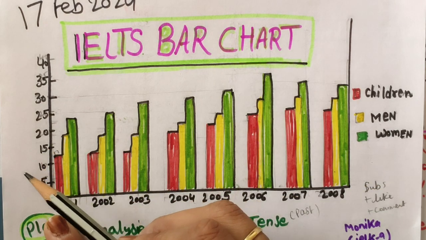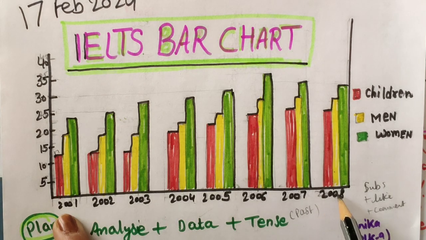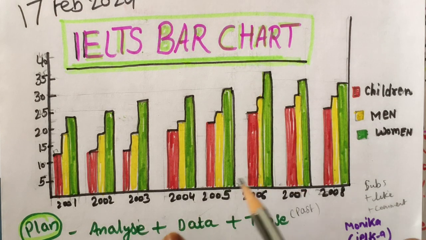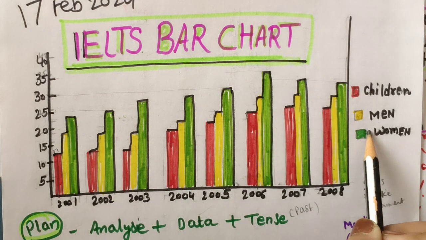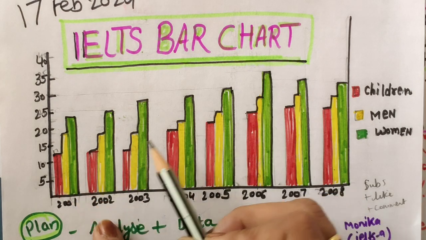I will show you the question statement also. Here you can see the years from 2001 to 2008. It means the whole report will be in past tense. Now I can see women highest, the least group is children, and everything I have seen.